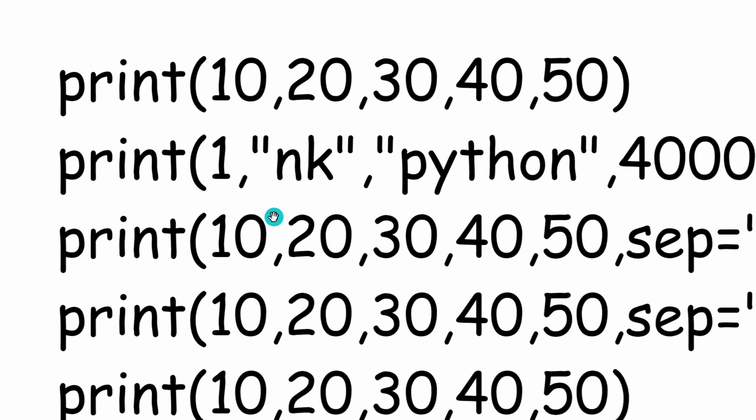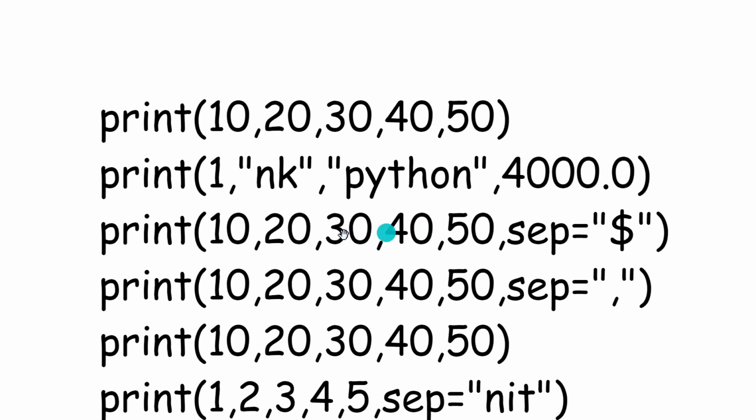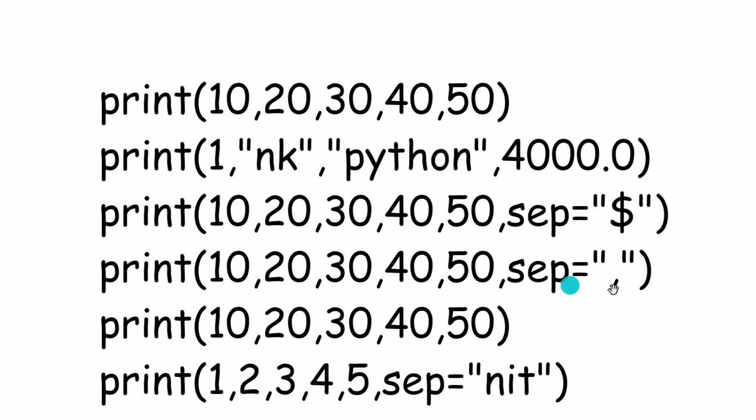What about the third line? It will be replaced by the dollar sign. Yes, between all the values there will be the dollar symbol. So this comma will be replaced by the dollar symbol. And this comma will be replaced by the comma.